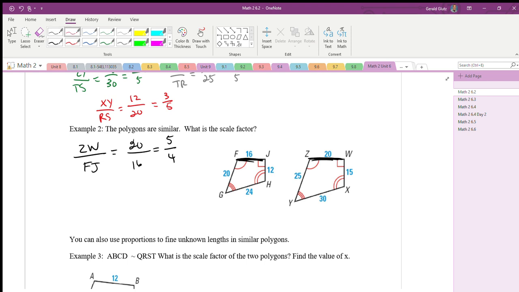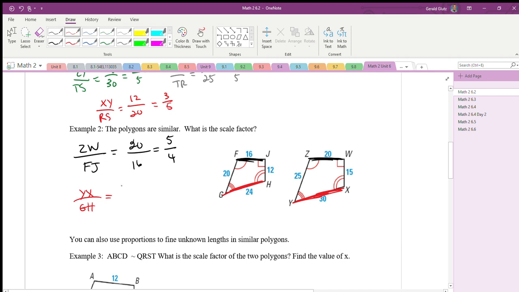If I wanted to verify that this is correct, I could choose another side to find the proportion of. Let's look at YX. YX is 30, and it comes in between the angle with 3 arcs and the angle with 2 arcs. So 3 arcs, 2 arcs, that'd be this side. YX and GH should be proportional, so we should get 5/4 again.